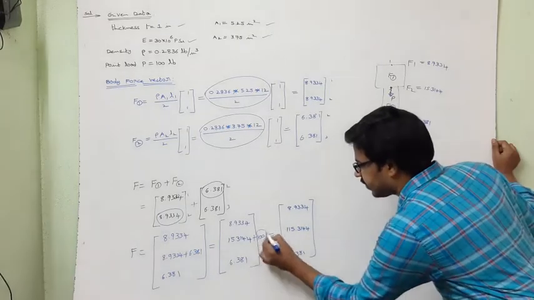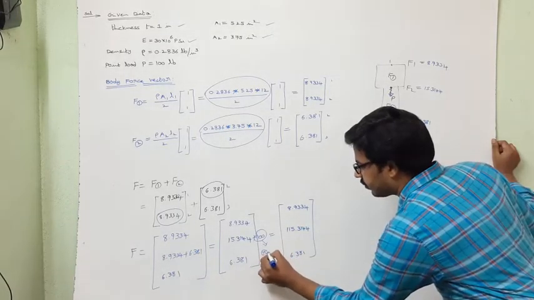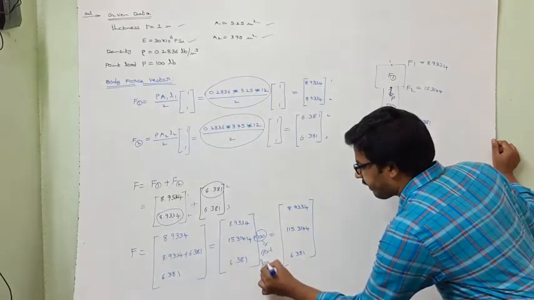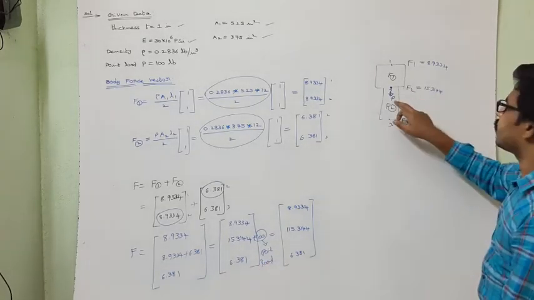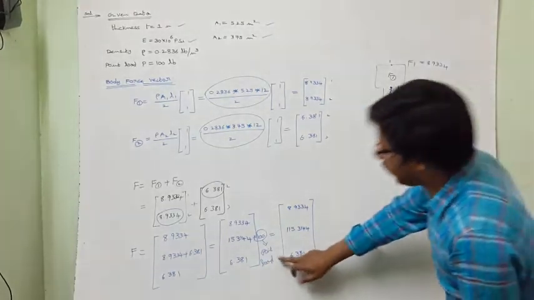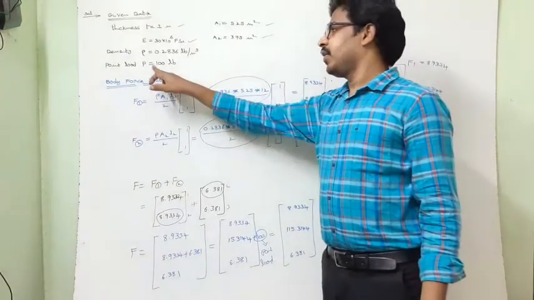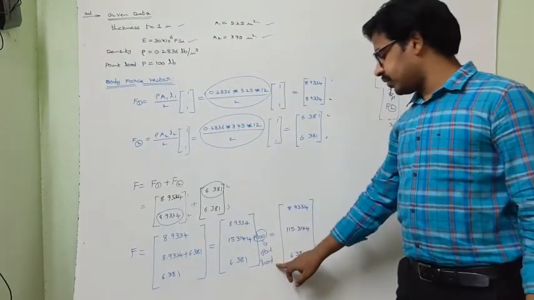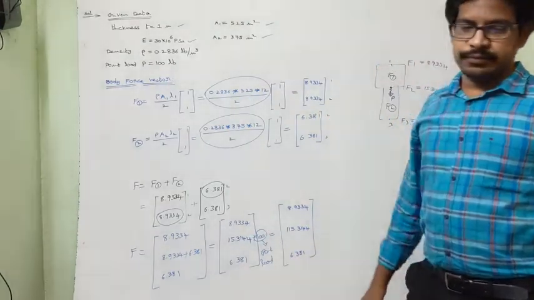This is the point load at force 2. So here the point load is equal to 100 lb. We need to substitute the P value as 100.